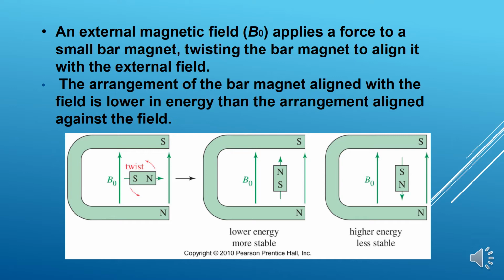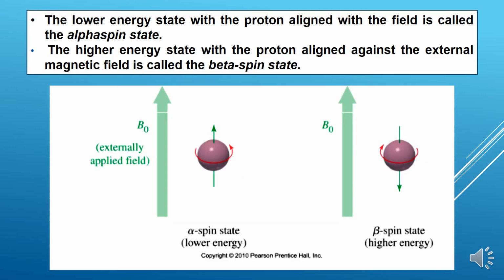Therefore, flipping in that direction needs higher energy. Therefore, this will be the beta state. So the lower energy state with proton aligned with the field is called the alpha state, like your bar magnet. The higher energy state has the proton aligned against the external field.